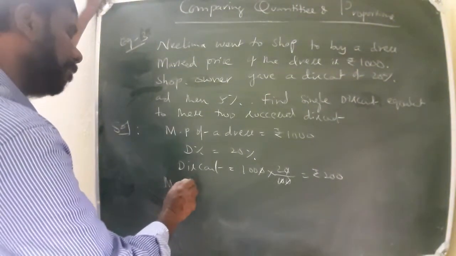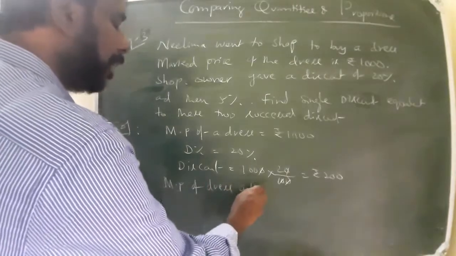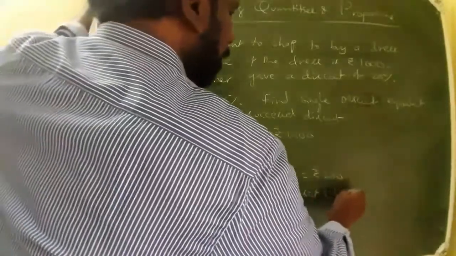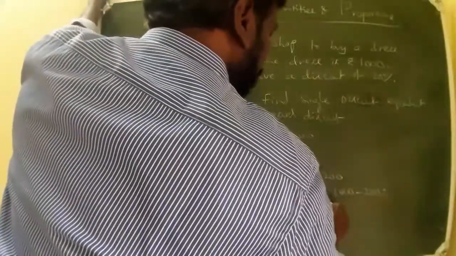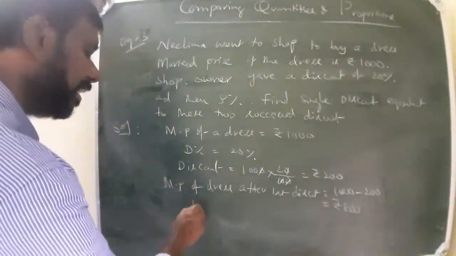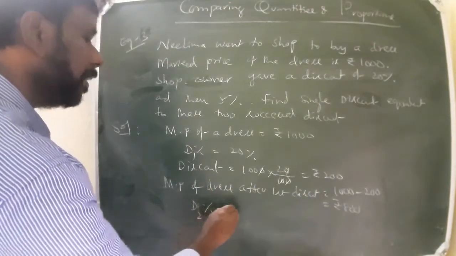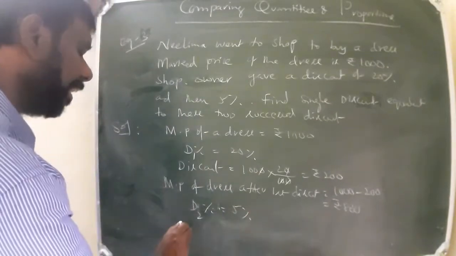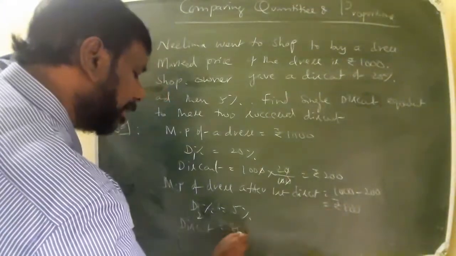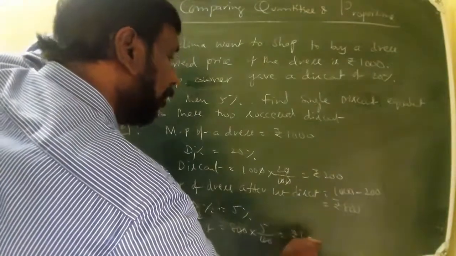Again you got the market price of the dress after the first discount, that is 1000 minus 200, rupees 800. Now again this is the market price, and another discount is there. This is D1, and this is D2. D2 percent is given as 5%. Again you find the discount: 800 into 5 by 100, rupees 40.